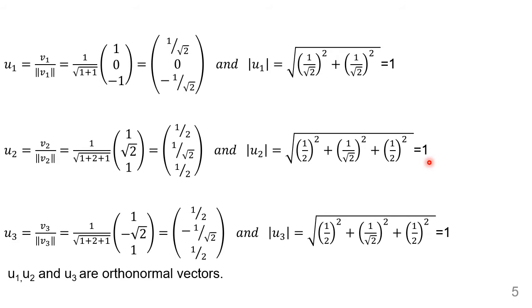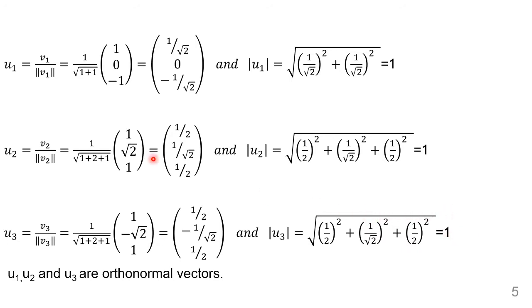It turns out to be a unit vector. And U3 is equal to V3 divided by the length of V3, that is 1 divided by root of 4, multiplied by 1, minus root 2, 1, which equals half, minus 1 by root 2, half. You can compute the length as the root of half square plus 1 by root 2 whole square plus half square, which gives us 1.